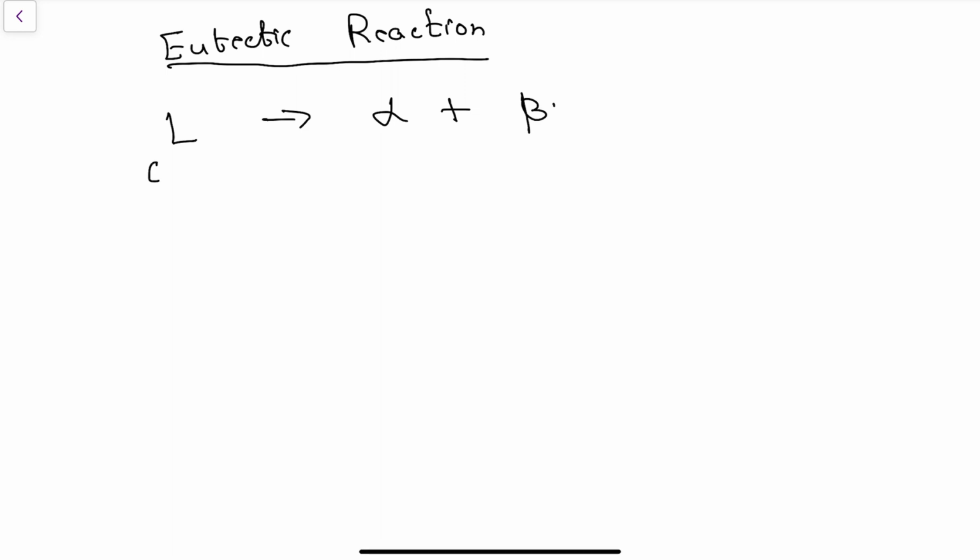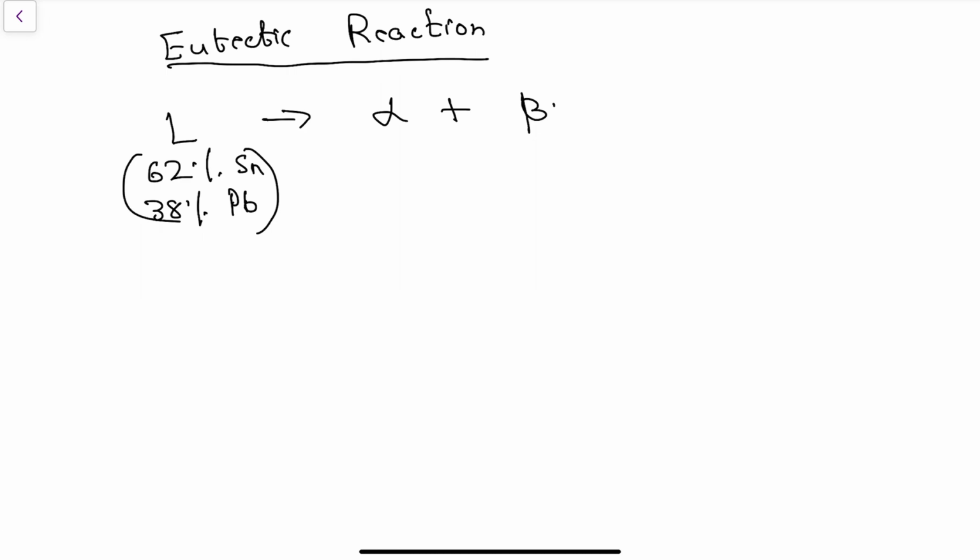The composition of the liquid is 62 percentage tin and 38 percentage lead. That is the composition at the eutectic point. At this point, the liquid is converted to a solid structure, that is a lamellar structure of alpha and beta.